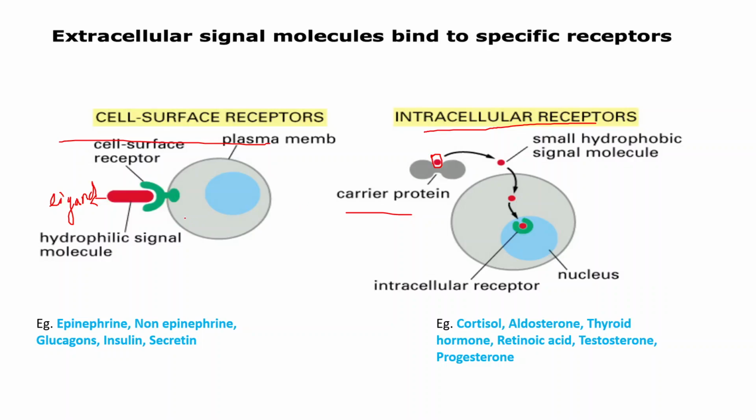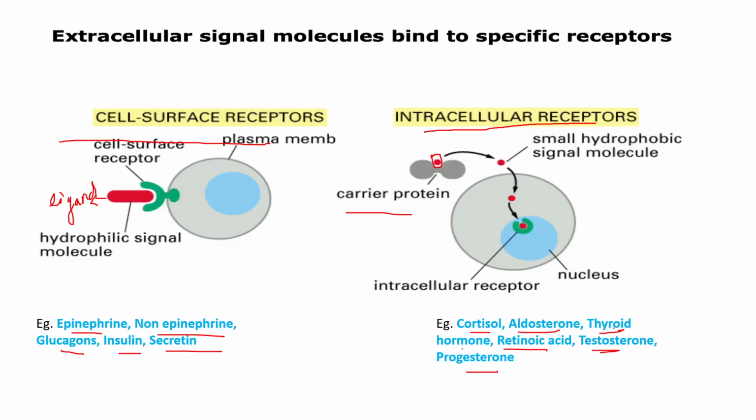Some examples of ligands which bind to cell surface receptors are epinephrine, norepinephrine, glucagon, insulin and secretin. Whereas in the case of intracellular receptors there are cortisol, aldosterone, thyroid hormone, retinoic acid, testosterone, and progesterone.